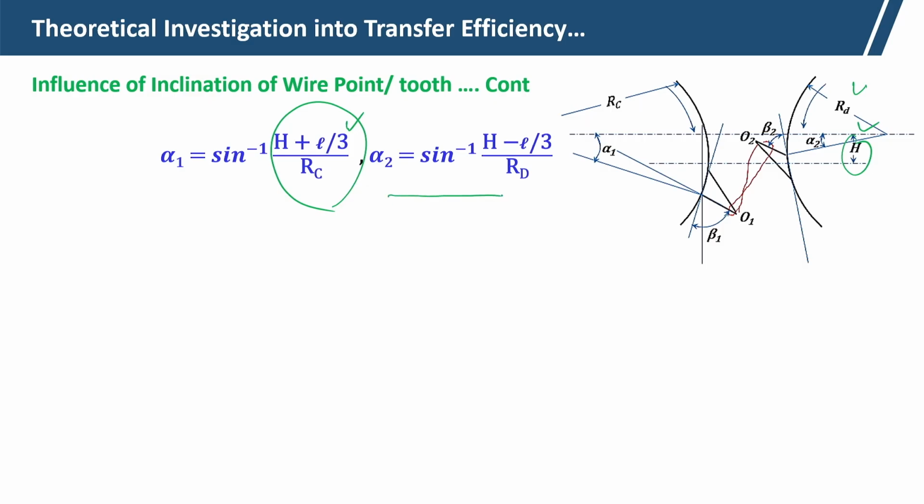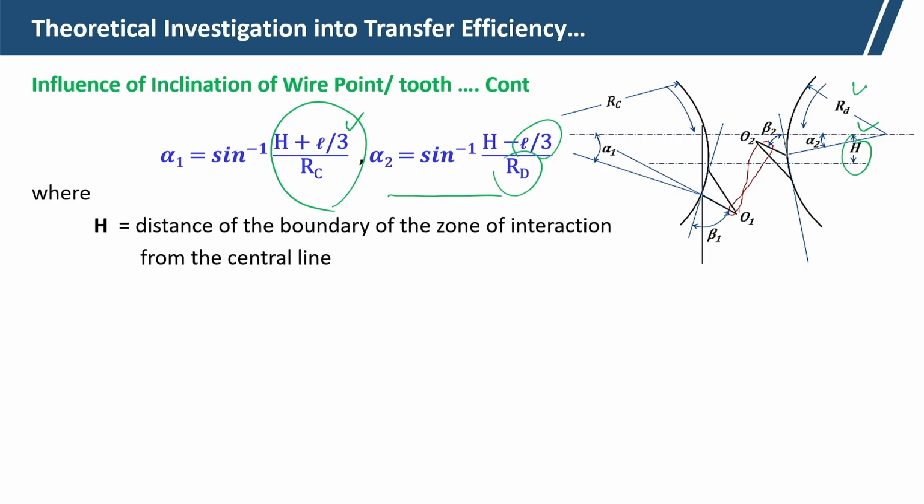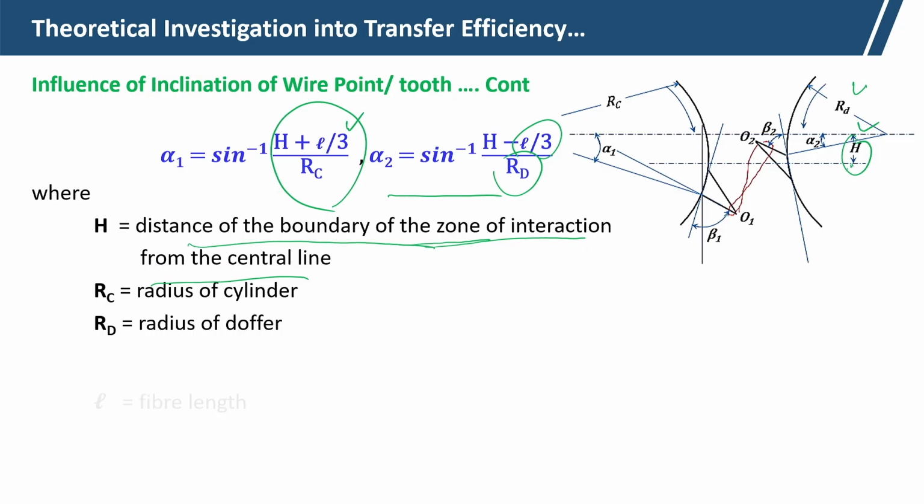Alpha 2 is sin inverse of (h minus L by 3) by Rd, where h is the distance of the boundary of the interacting zone from the central line. This is the central line, and this is the distance h. Rc is the radius of cylinder, Rd is the radius of doffer, L is the length of fiber.